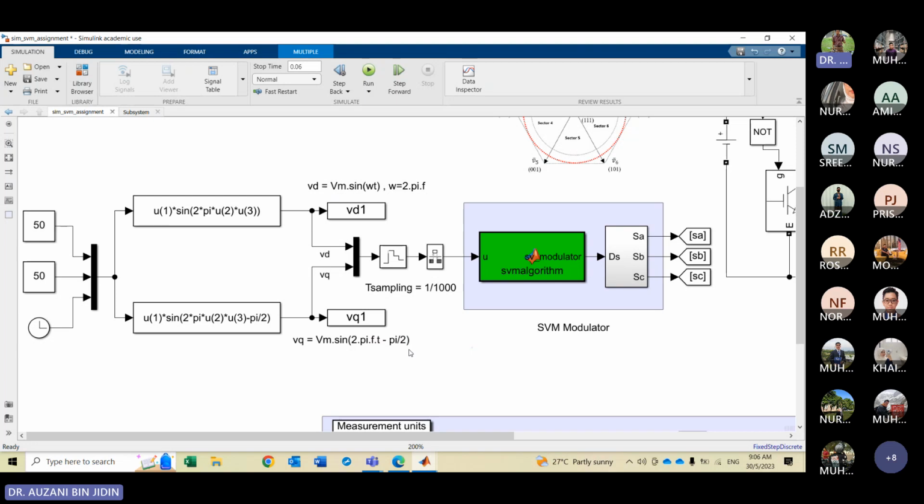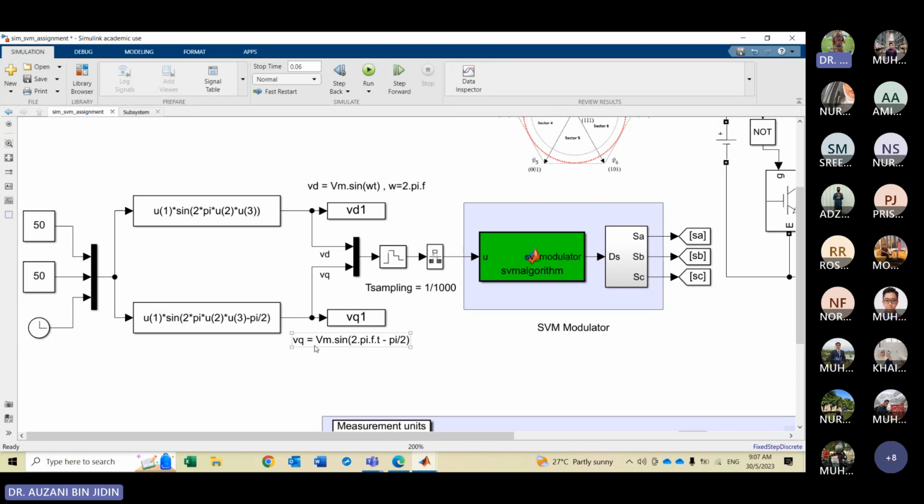So please take note. The D and Q, the phase difference must be 90 degrees. It's not 120 because your input is two phase, VD and VQ, direct and quadrature axis signal. So the phase difference must be 90 degrees.